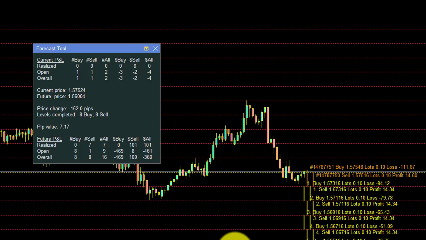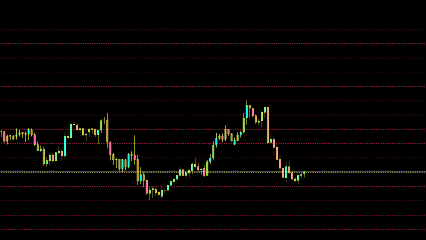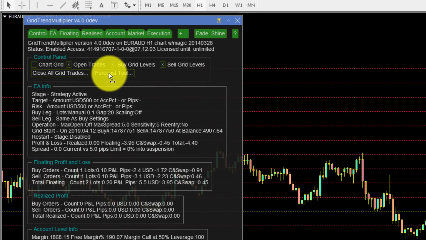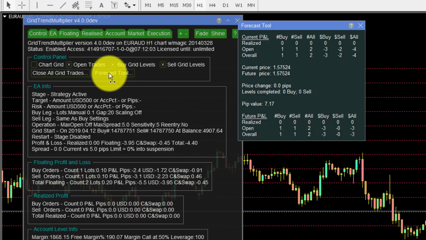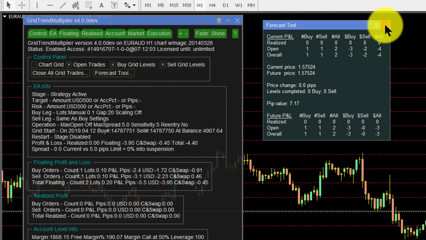So this is a major upgrade. I think traders will really enjoy this one, and I in particular will enjoy it quite a lot. If you don't need it, you just fold it away, and if you need it again, you activate it by pressing the forecasting tool selection in the information panel.